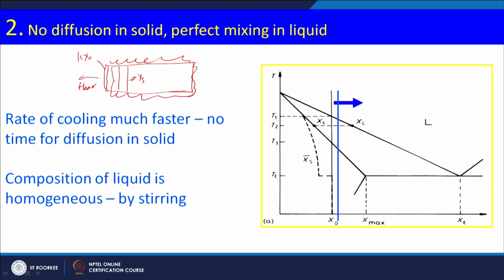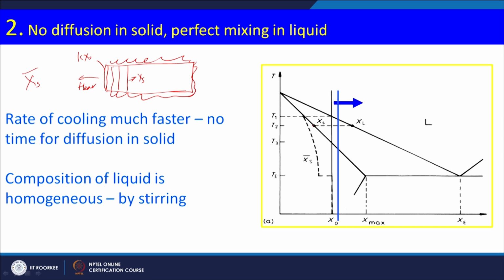That means there is a composition gradient from this end to this end, the solute content is increasing. So, if I want to give an average composition for whole of this solid, which I am going to call as excess bar, that will be much lower than what is given by the phase diagram under equilibrium condition.